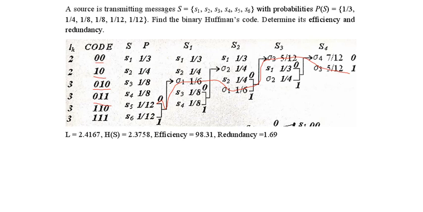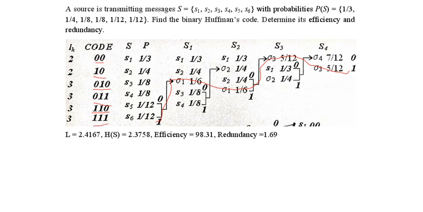So 1 1 0 is the code word corresponding to the S5 symbol. At last we have S6, that is 1, gone here, 1/6 came here. So 1 1 1. So 1 1 1 is the code word corresponding to S6.